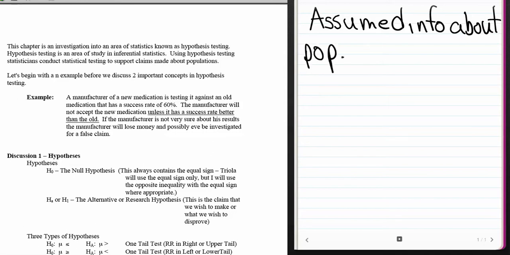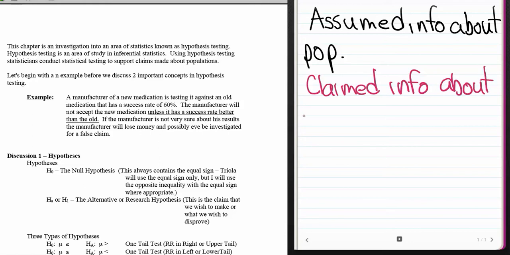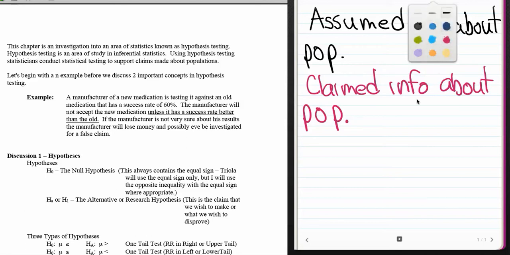And then there's this other thing called the claim. And what we do is we hold sample information up in order to test and see if what's being claimed is actually what's going on, or if we can't quite claim that and we just have to fall back onto the assumption.